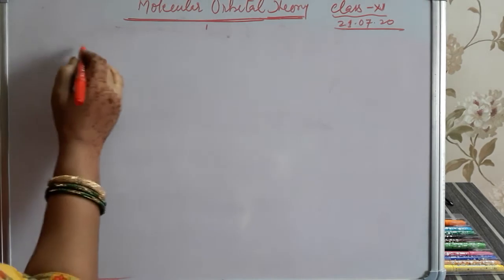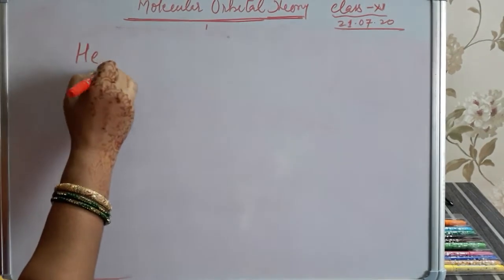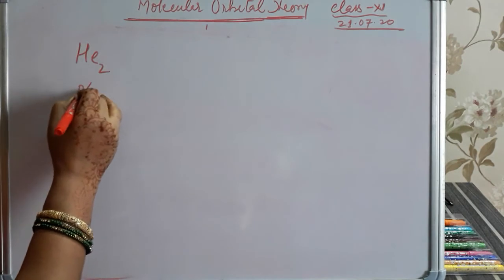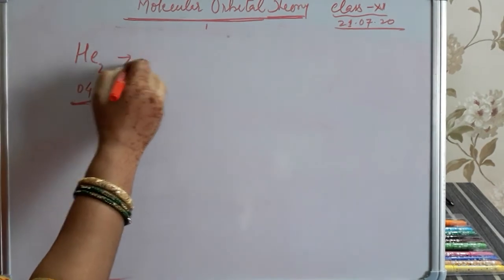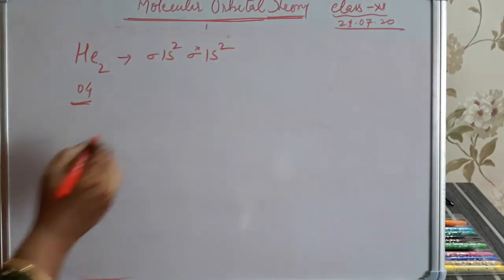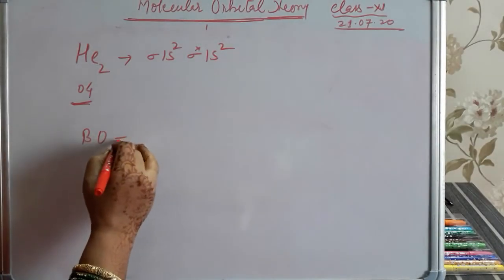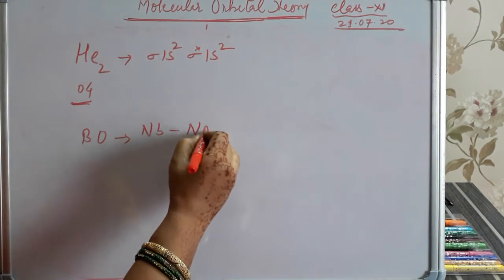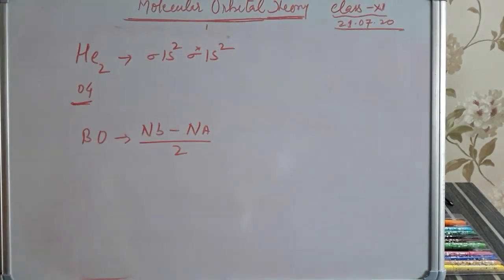Let's discuss the helium molecule. Helium molecule means the total number of electrons is 4. So write down the configuration: sigma 1s2, sigma anti-bonding 1s2. So find out the bond order of helium. Students, bond order is Nb minus Na by 2.